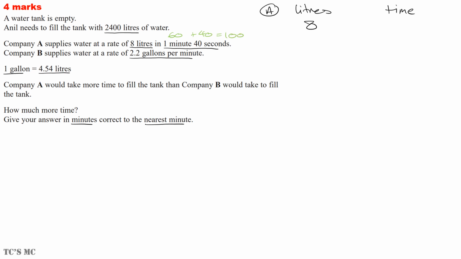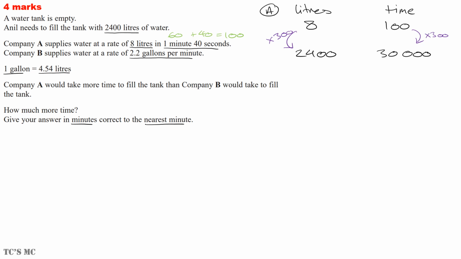That means the rate is 8 litres in 100 seconds. Anil needs 2,400 litres. If we go down, we need to multiply by 300. Do the same on this side. That means the time is 30,000 seconds.